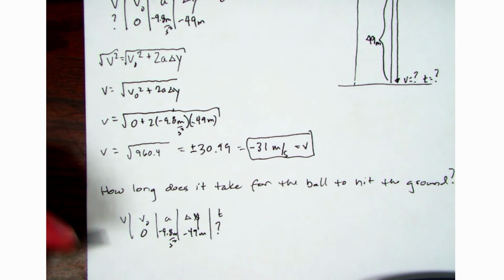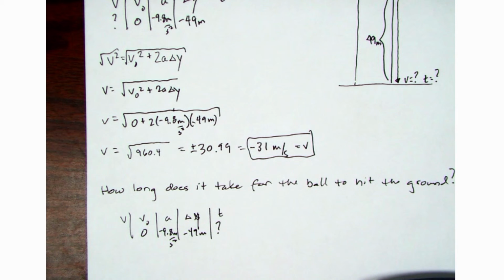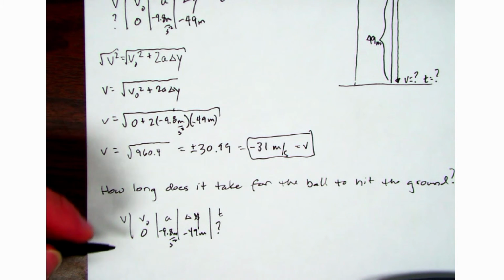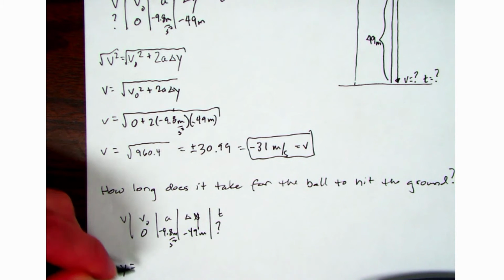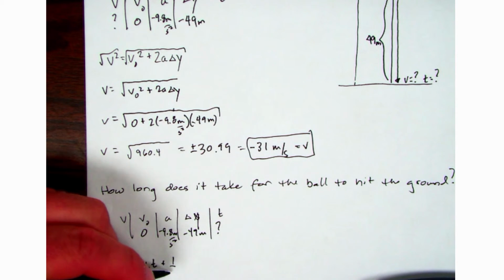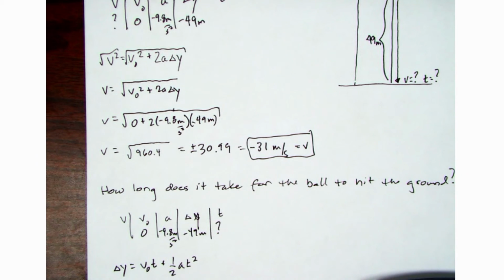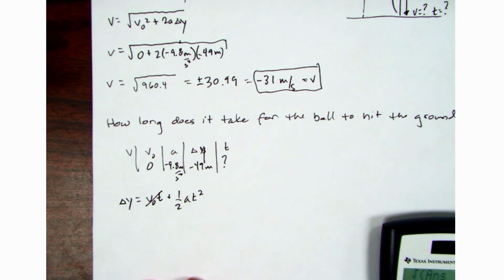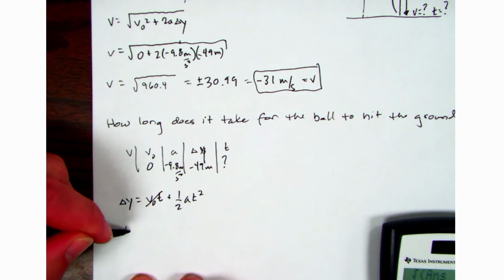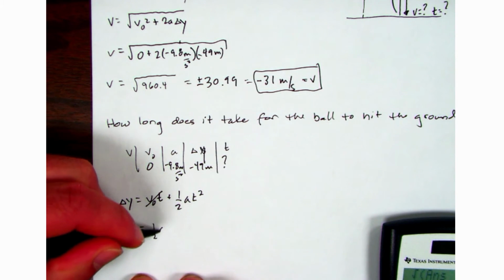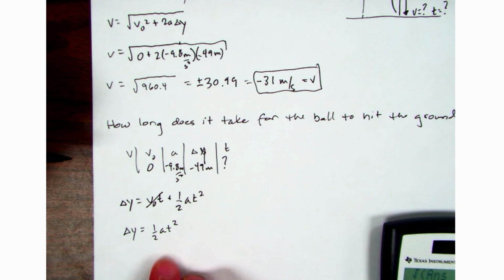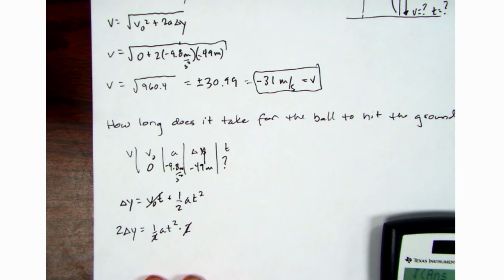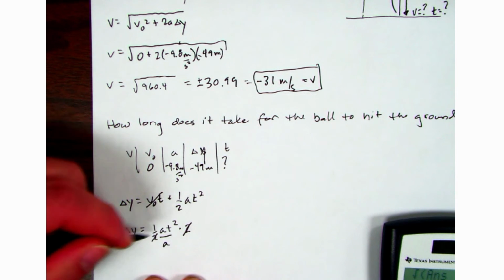So I look at my equations, and the variables that I have tell me that I need to use equation number 3, which is delta Y equals V naught T plus 1/2 A T squared. So V naught is 0, so that whole term cancels out. So I'm left with delta Y equals 1/2 A T squared. I want to get T by itself, so I'm going to multiply both sides by 2 to get rid of the 2 here. And then I'm going to divide both sides by A to get rid of that A.